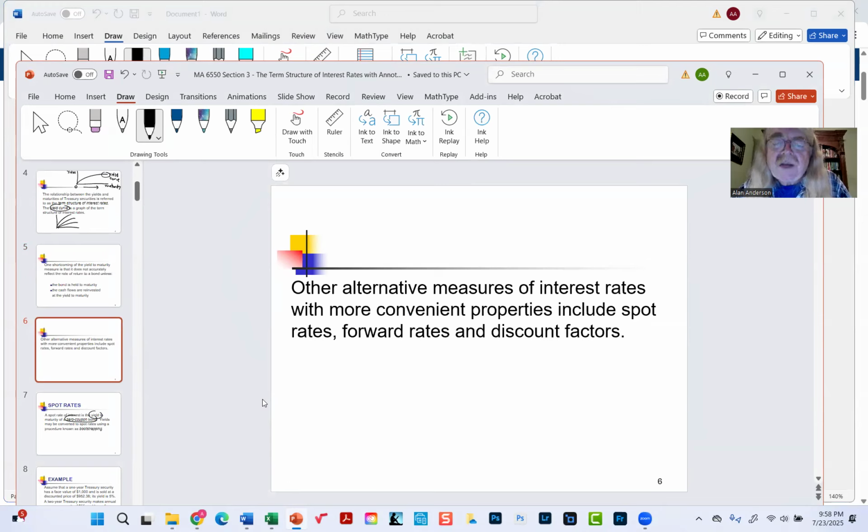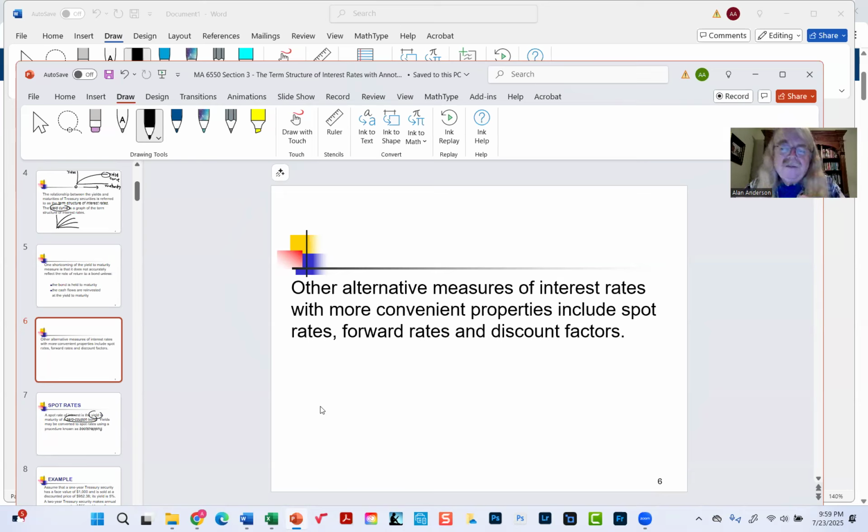By the way, all of the spot rates are taken from the yield curve, and then the forward rates and discount rates are derived from the spot rates. So what we're going to see here is algebraically how to take yields and convert them into spot rates, and then how to do that same thing for spot rates into forward rates and forward rates into discount factors.